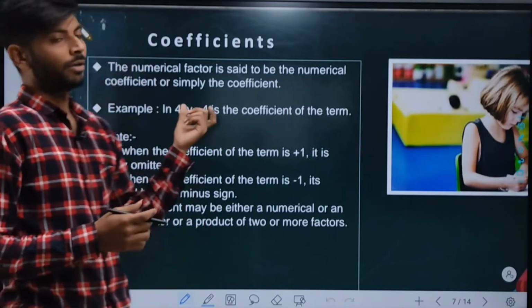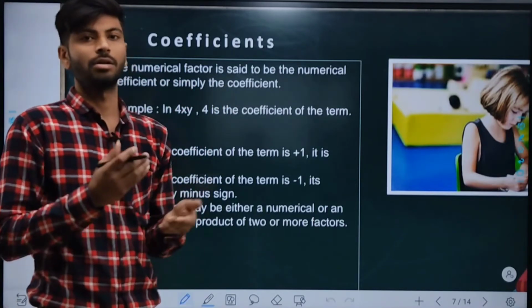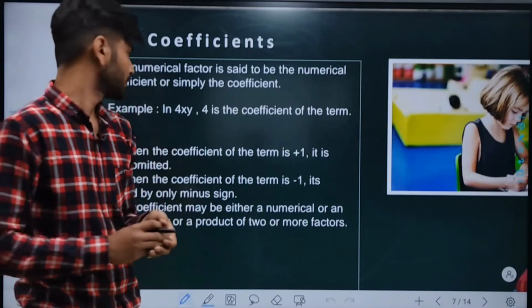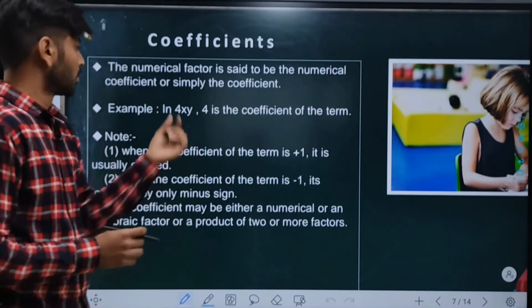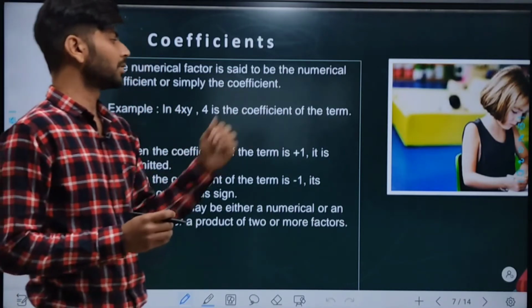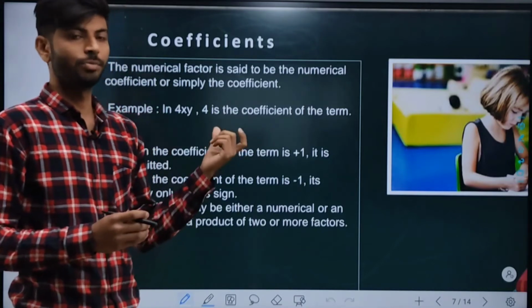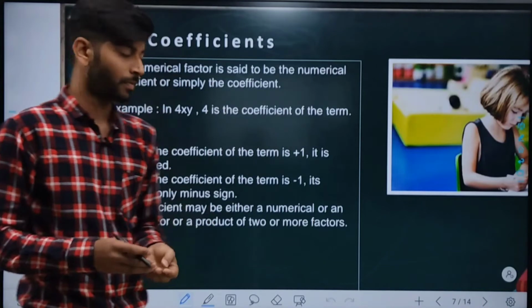So that number will be called the numerical coefficient, or you can say the coefficient of the term. For example, in 4xy, what number is multiplied in this term? So 4 is multiplied in this term. What is the numerical value? It is 4. So you can write 4 is the coefficient of the term.